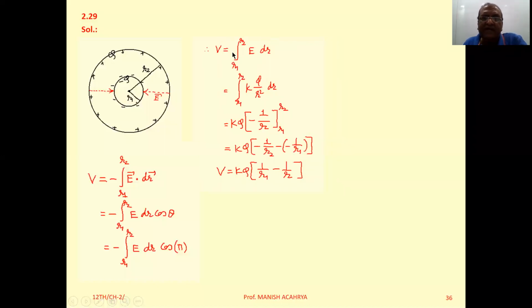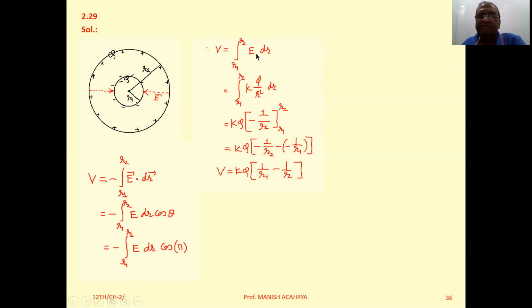So from R1 to R2 your dr is inner to outer, field is outer to inner, means angle between E and dr is pi. So we can write now V equal to integration R1 to R2 E dr.